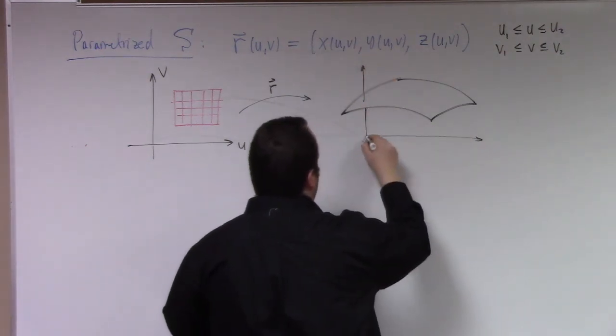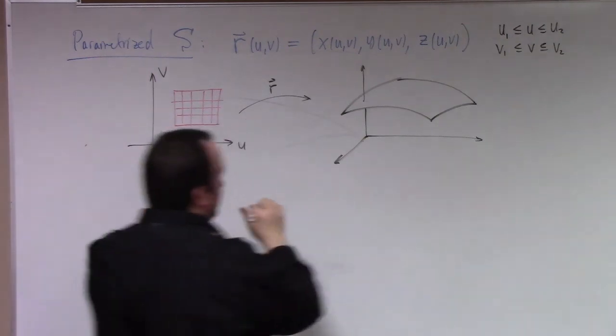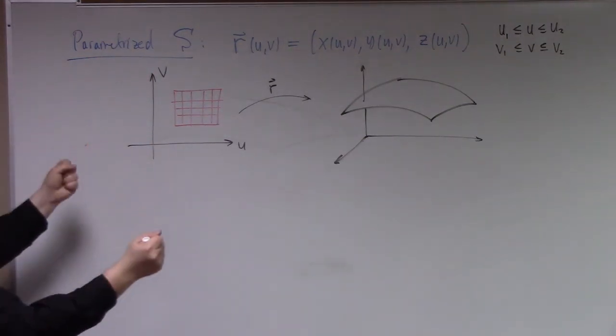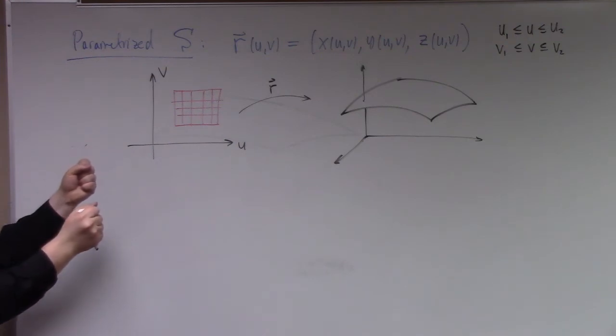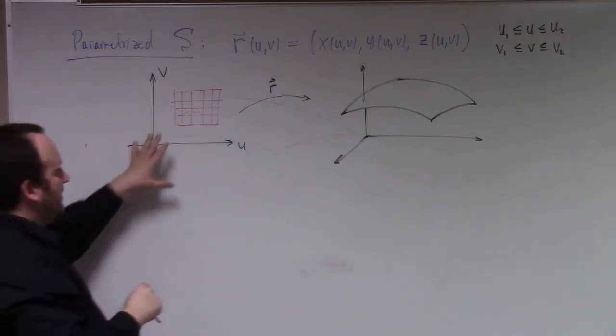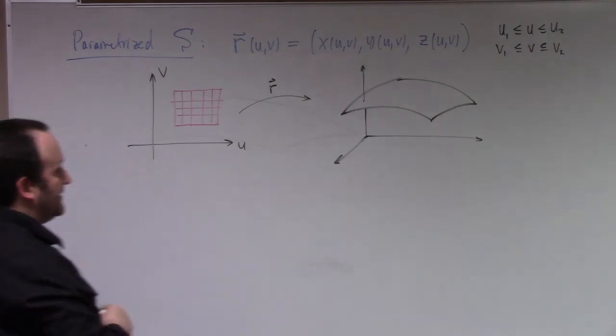Think of it as a little rubber sheet that it stretches and bends and pastes over the surface you're interested in describing. Just like a parameterization of a curve, you could think of as taking the string, with t along it, and pasting it over 3 dimensions and laying that string along the curve you're describing. Same idea. But now we have 2 dimensions to paste.